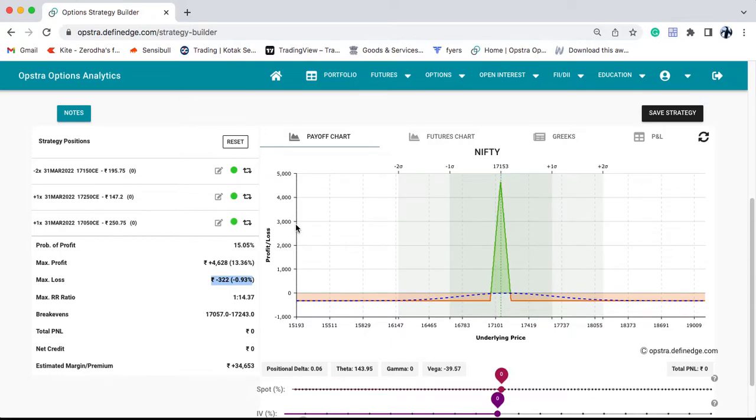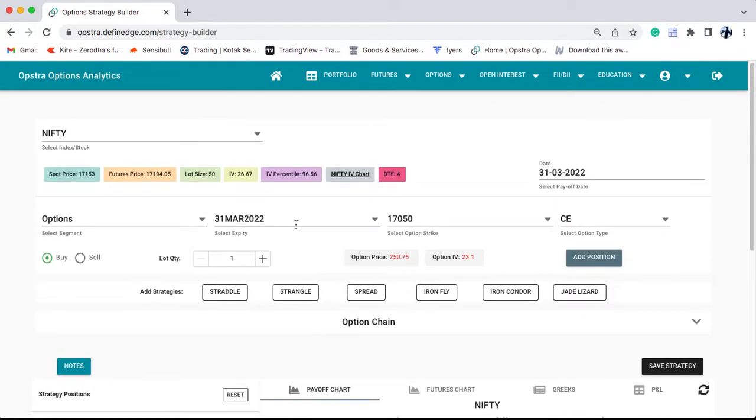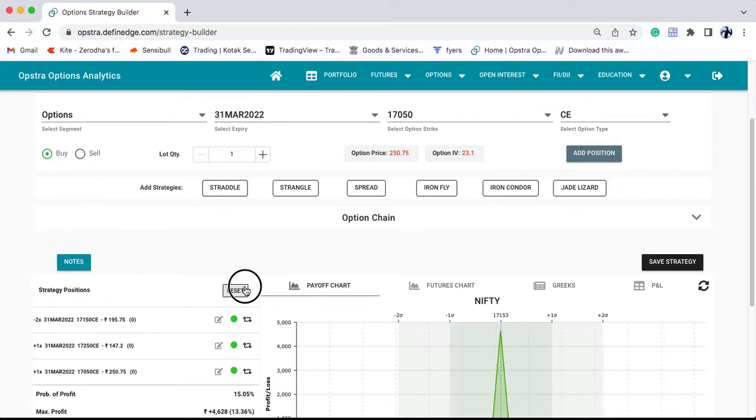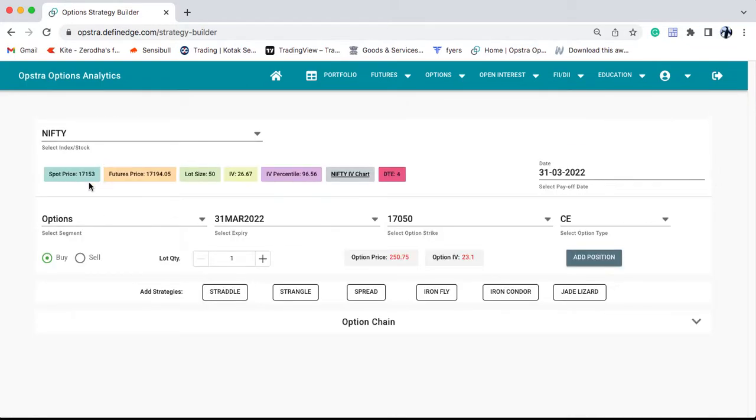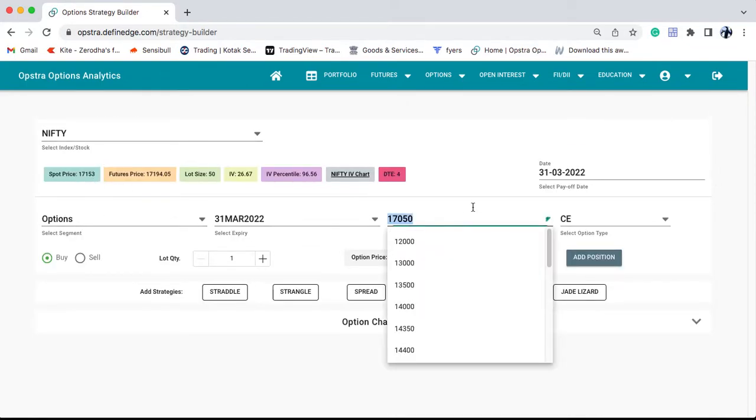With this butterfly strategy, it is not required that you do it with at the money only. You can do it with out of the money also. Let's say 17,150 is the current price, and you expect the market will go to 17,300.